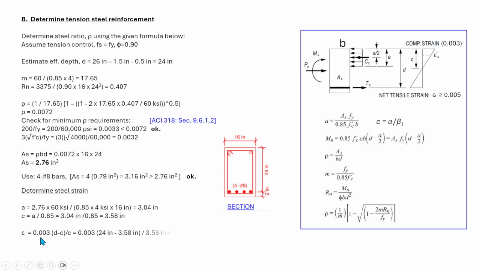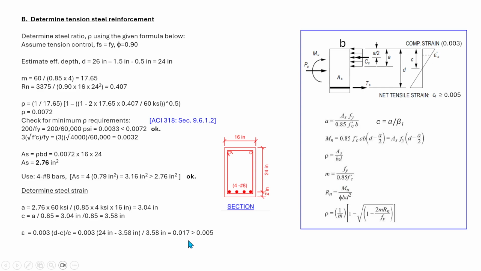So to determine the net tensile strain by ratio and proportion, epsilon t is equal to 0.003 times d minus c all over c, that is equal to 0.003 times 24 inch minus 3.58, which is the value of c, all over 3.58 inches, which is equal to 0.017.